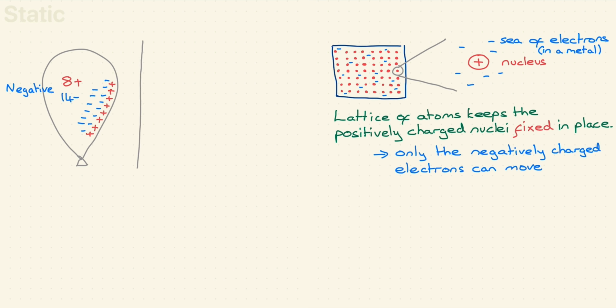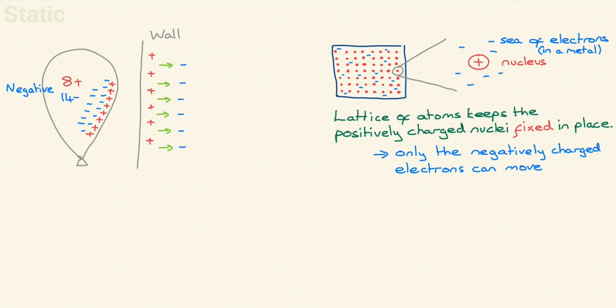Next, we can do something clever. Well, you'll have seen this before, I expect, but it is quite clever when you understand it. If we take this balloon, the one with a negative charge on its surface, and we take it near a wall, the negative charge in the surface of the balloon repels the negative charge in the wall, pushing it away.